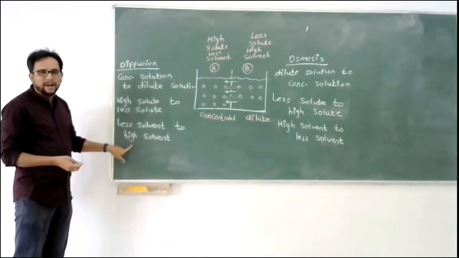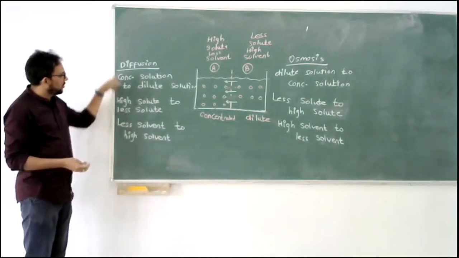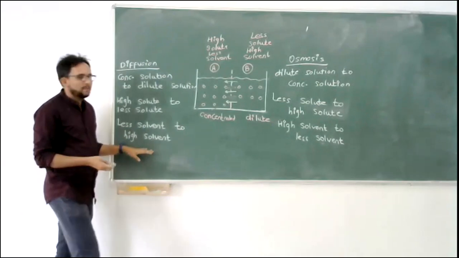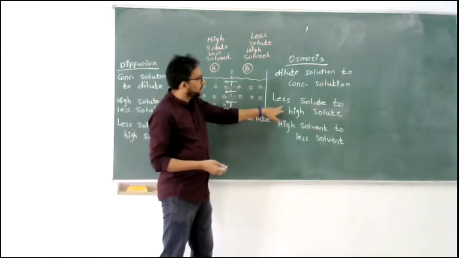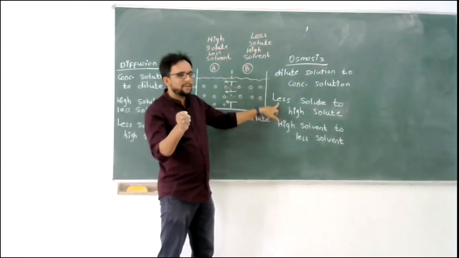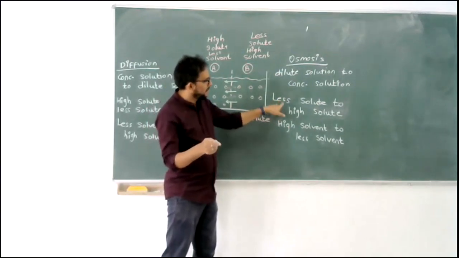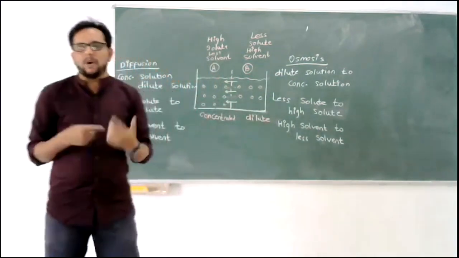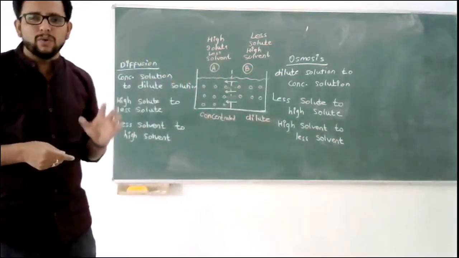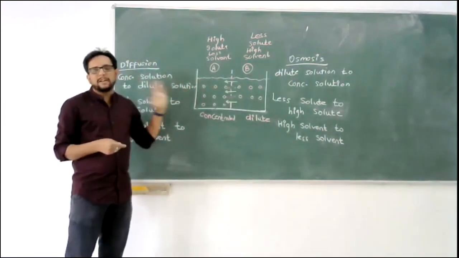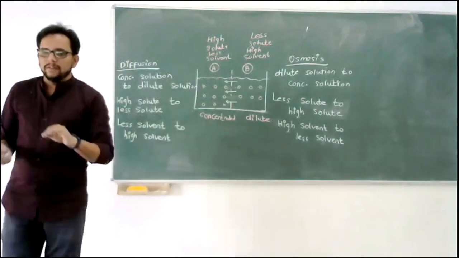That is less to high. So from lower concentration of the solvent, it is moving to higher concentration of the solvent. And if we talk of the solute in osmosis, it is happening against the concentration gradient again, because it is less solute to high solute. So depending on which concentration gradient we are referring to, these will be the parameters that we have to understand.